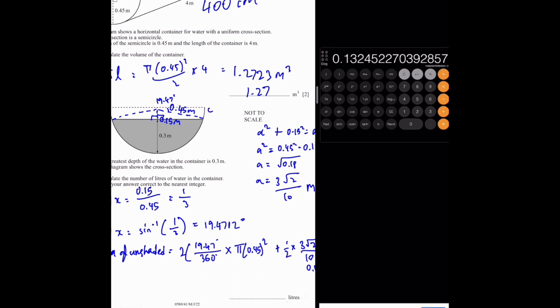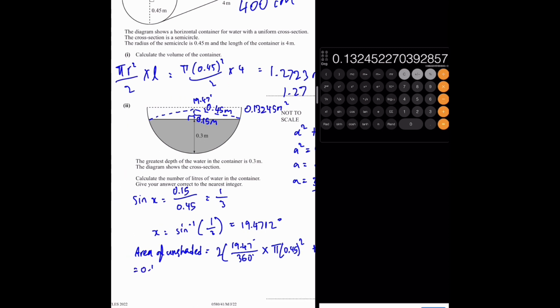So this will be 0.13245 meters squared. I'll write it over here as well. Now we can find the area of the shaded region by finding the full area of the semicircle and subtracting this value. So the shaded area will be 0.45 squared into pi, of course, to find the area of the circle, and divide by 2 for semicircle.